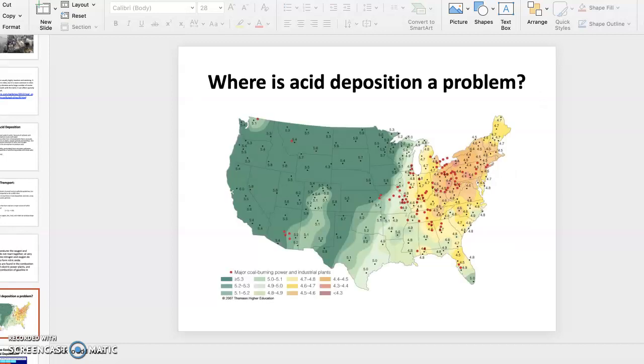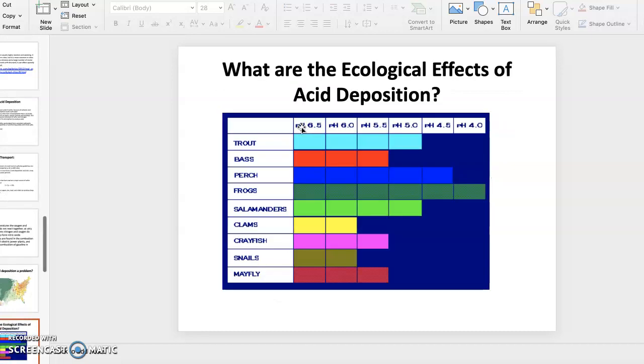in automobiles. So acid deposition is going to be a big problem in major coal burning power and industrial plant areas. And you can stop and look at this picture to get a better idea.